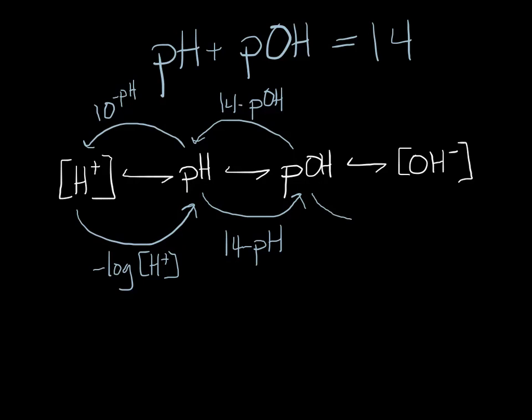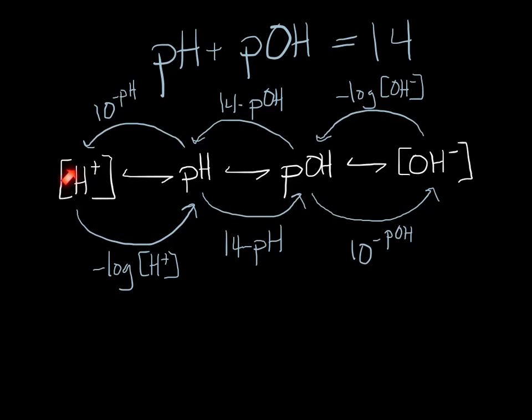And finally, we can go from pOH to OH- by doing 10 to the negative pOH, or we can go this direction by going negative log of the concentration of OH-. So there you go. This little diagram lays it all down for you.